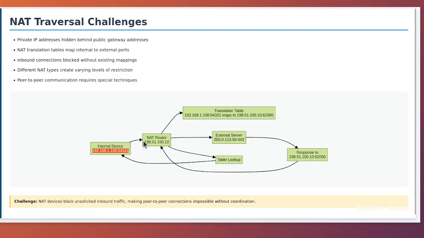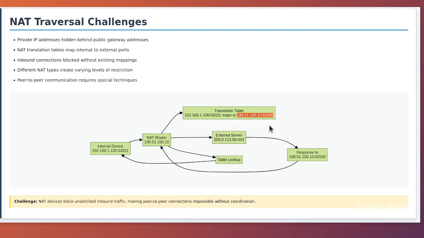However, when this packet reaches your router, the router performs address translation. It replaces your private source address with its public IP address, for example, 198.51.100.10, and maps your source port 54321 to a different external port, perhaps 62000.